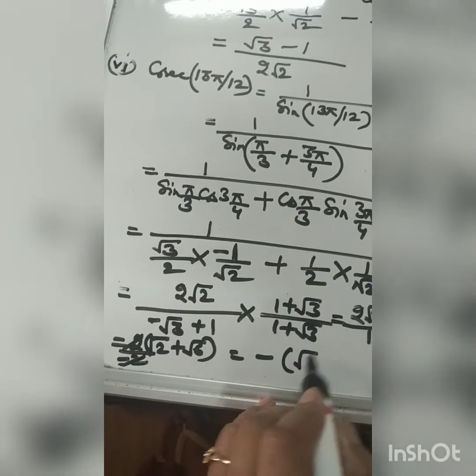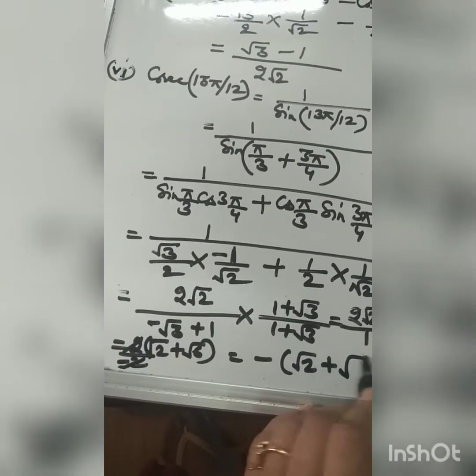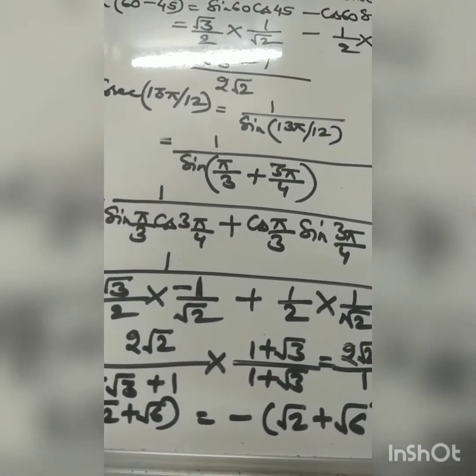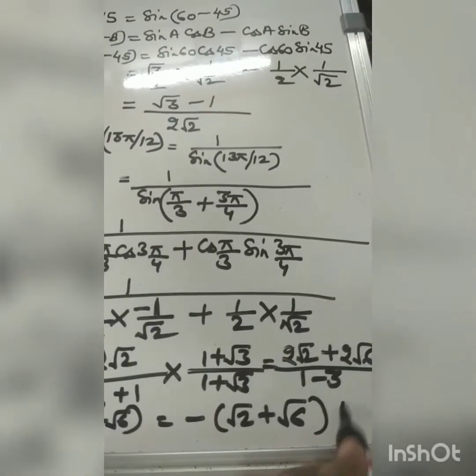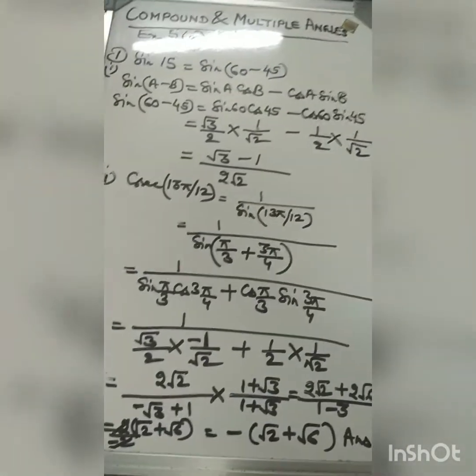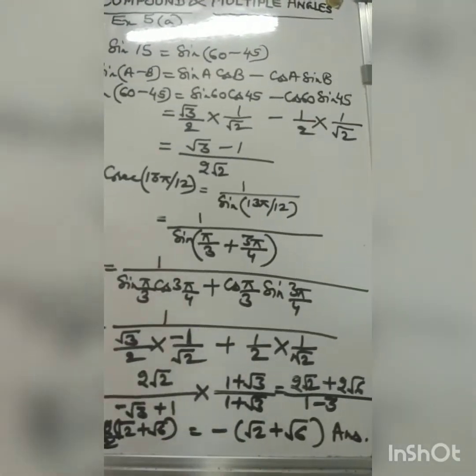Minus root 2 plus root 6 will be your final answer. Hence, this is the solution for this question. Further, if you want, you can express it in decimal and simplify the complete solution.